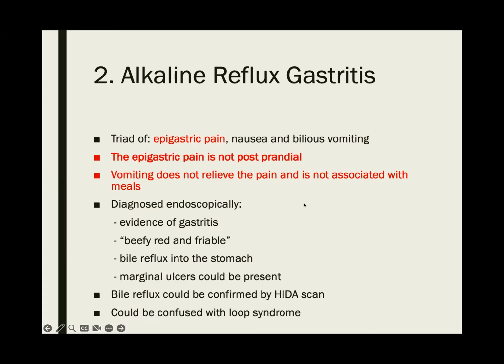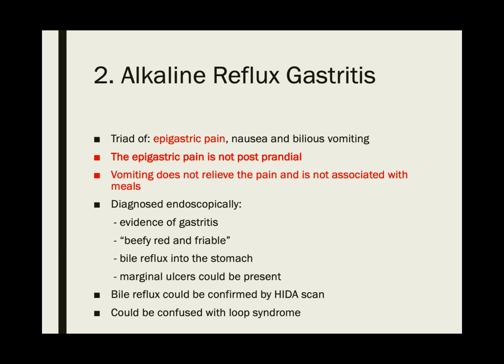Okay, and why is that? Because we lost the function of the pylorus sphincter. So the mucosa of the stomach is not handling the alkalinity.